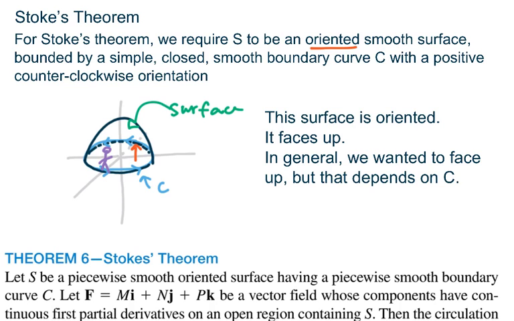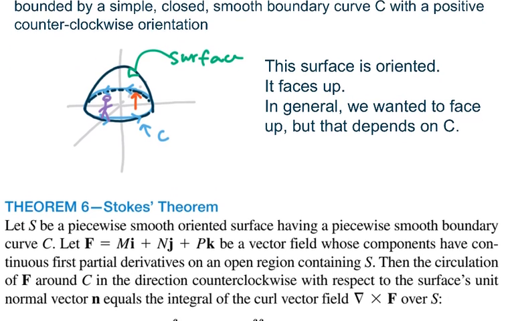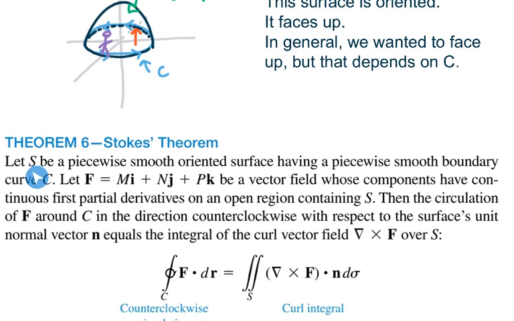Now that we understand our conditions, let's talk about Stokes' theorem. Suppose that this surface is piecewise smooth and oriented. These are all conditions that must be met. And it has a piecewise smooth boundary curve, so this curve needs to be smooth.